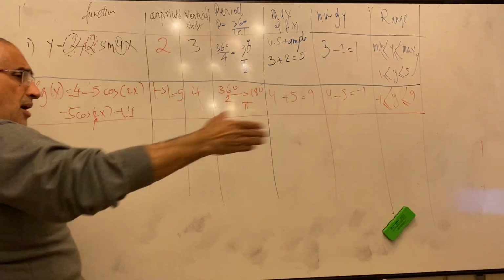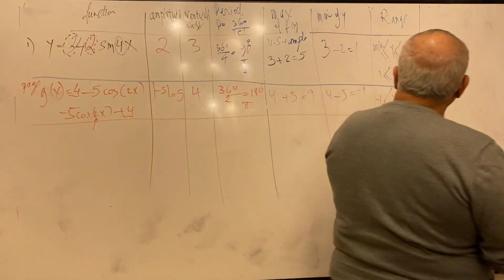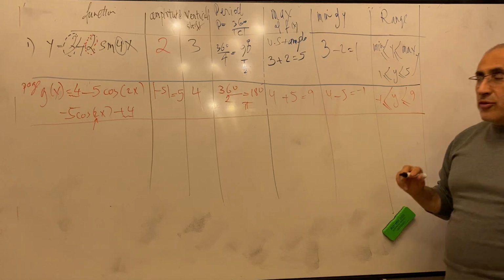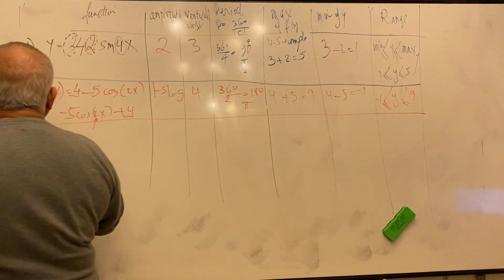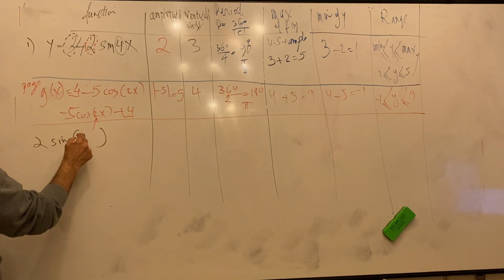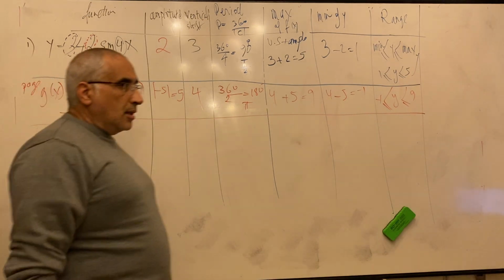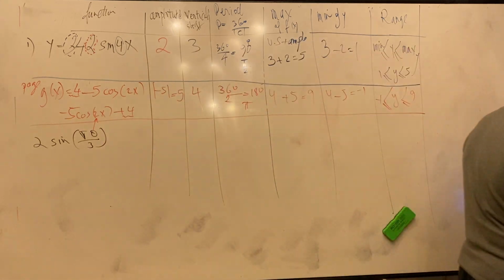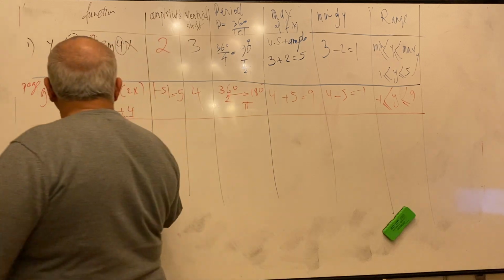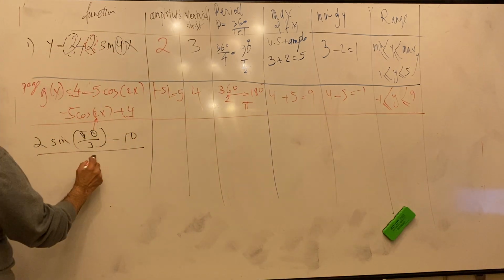All right, there's a harder question over there. Let me copy it down for you. It says, the one drawn with the green, 2 sine pi theta over 3, minus 10, all divided by 2.